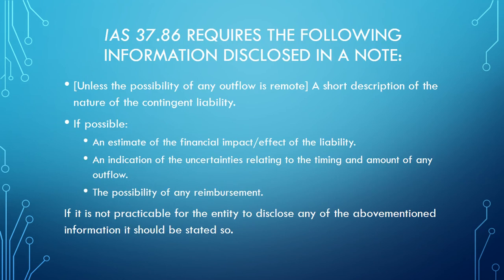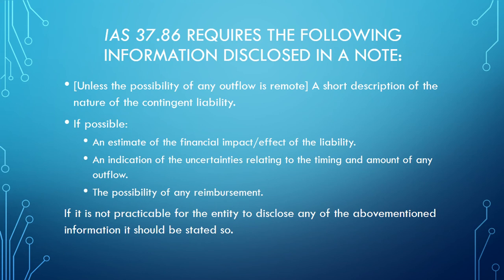If we're looking at the disclosure of a contingent liability, we must look at a few things here. The whole idea is that when we put a disclosure note in, we give a nice little short description of the contingent liability, who it's due to, why it's arisen, when it arose. We need to include, if possible, the financial impact or the estimate of the cost of that liability, and an indication of uncertainties relating to the timing.